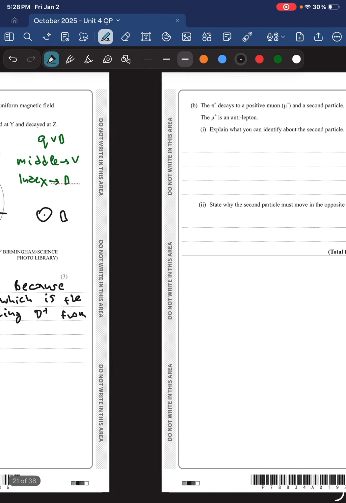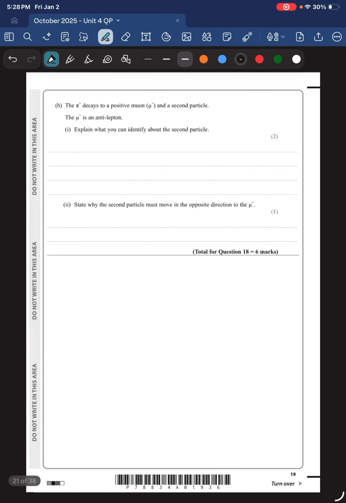All right, let's go to part B and part 1. The pi plus decays to a positive muon and a second particle. The mu plus is an anti-lepton. Explain what you can identify about the second particle.